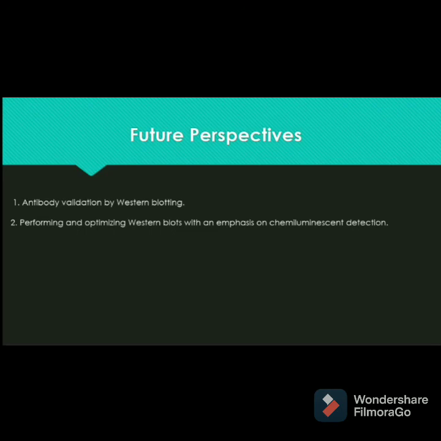Okay, so second is performing and optimizing Western blots with an emphasis on chemiluminescent detection. So immunodetection refers to any detection method that exploits the interaction of an antibody and antigen. So the choice of detection methods such as ELISA or Western blotting depends on the researcher's preferences and requirements.